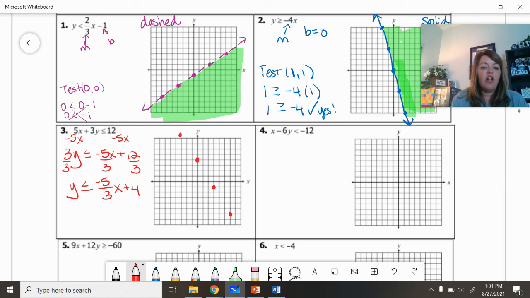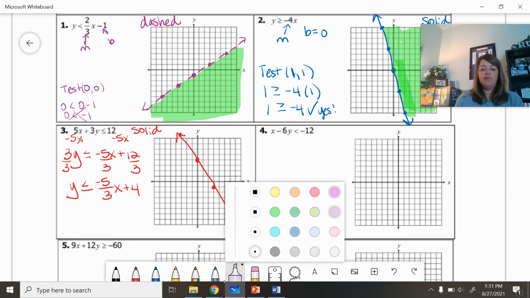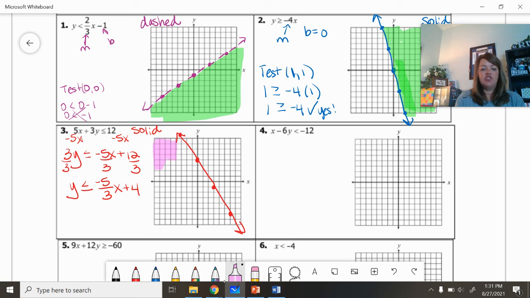Okay, this is a solid line because it's an equal to. So I'm going to go solid line. All right, and then since it's a less than or equal to, then I'm going to shade below. So I'm going to go down here and shade everything because it's a less than.